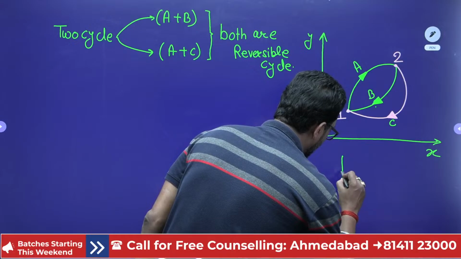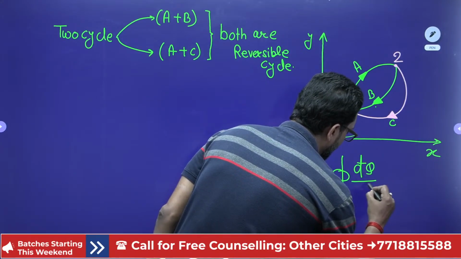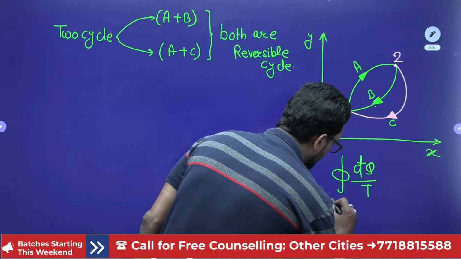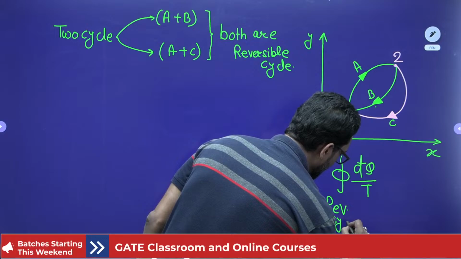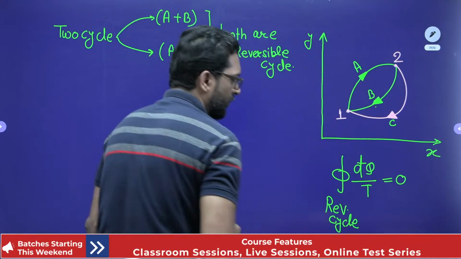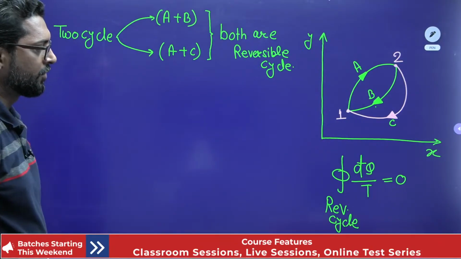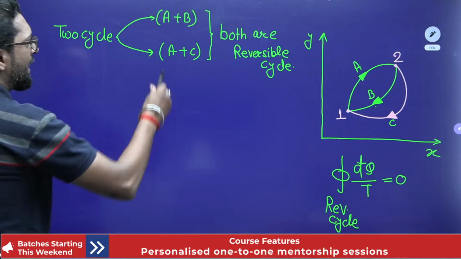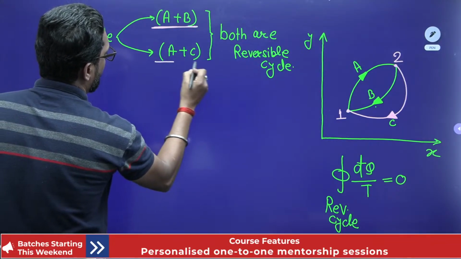We know that the cyclic integration of dq by T for the reversible cycle is equal to 0. We know that. So we apply it for A plus B, then we apply it for A plus C.